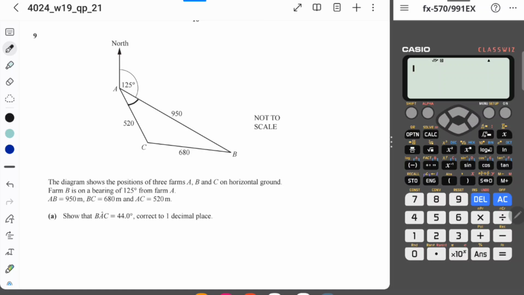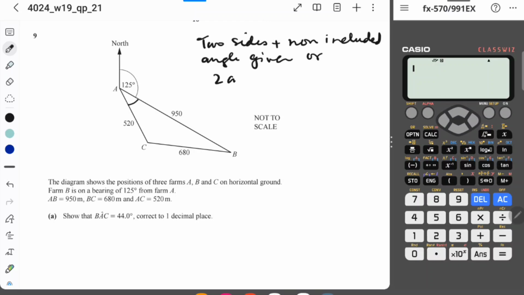Okay, and then whenever two sides and non-included angle are given, included means in the middle of the two given sides, the angle will be non-included angle given, or two angles and one side given, then you will use the sine rule.